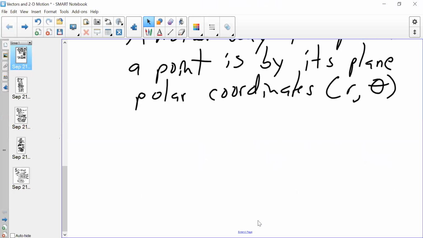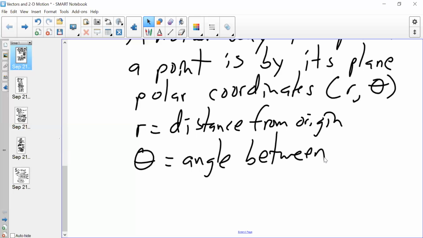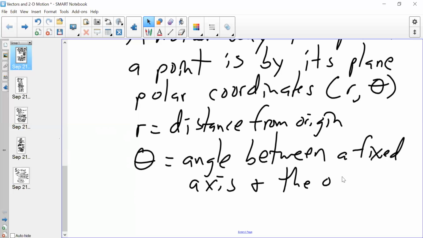Normally r is the distance or the radius from the origin in this xy system, and theta is the angle between a fixed axis and the line from the origin to that point.